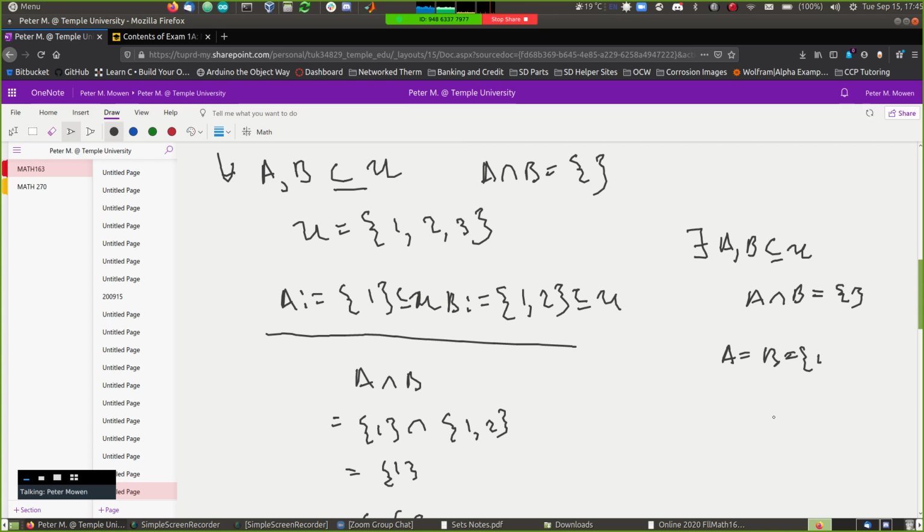Sorry, that would be dumb. A is 1 and B is 2. Then we would have A intersect B equal to the set containing 1 intersect the set containing 2, which would in fact be the empty set.